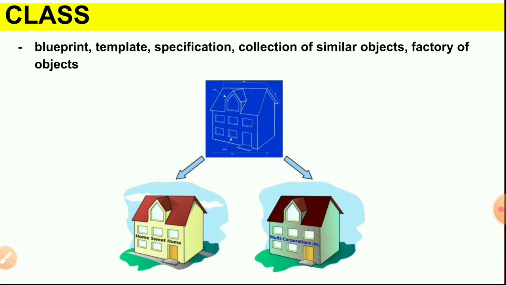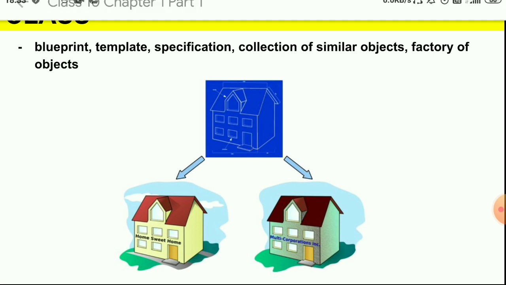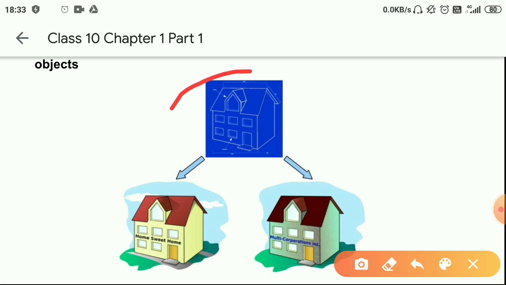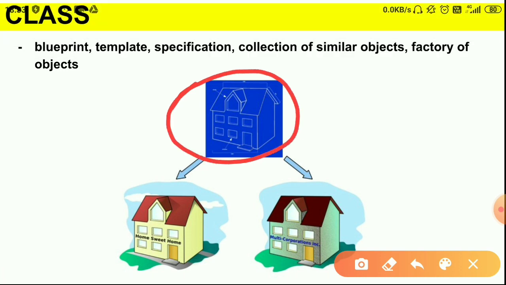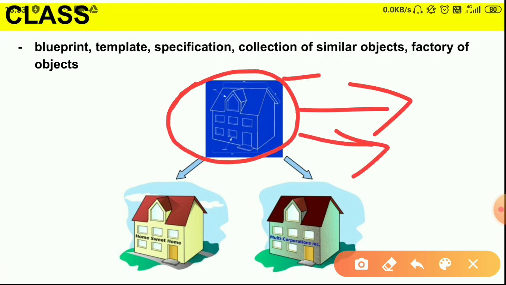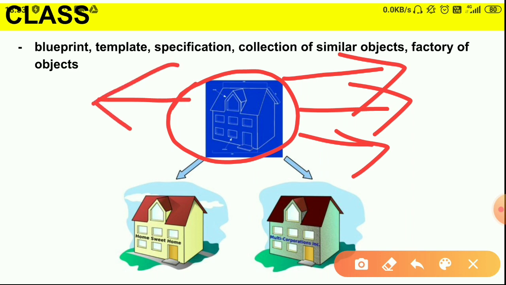So this point you should remember. And the last point here, factory of objects. Class is known as factory of objects. Why? Because you can see that this single blueprint here is capable of producing any number of houses, as many houses as you want. So that is the meaning of factory of objects.